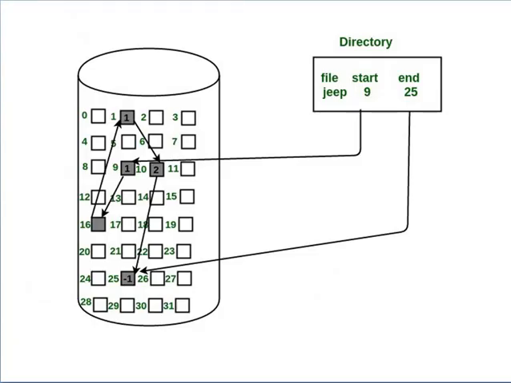When we want to read the contents one by one, via pointers we read the contents from one block after another. These are the advantages and disadvantages of the linked list method.